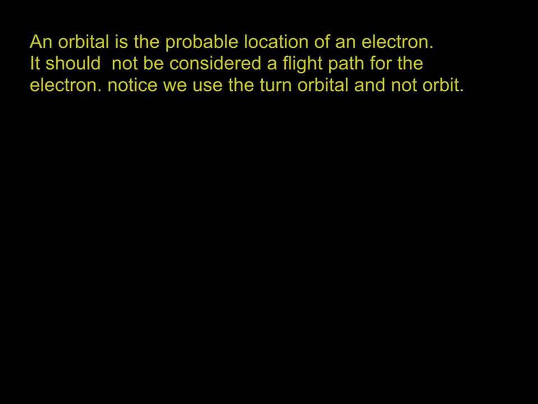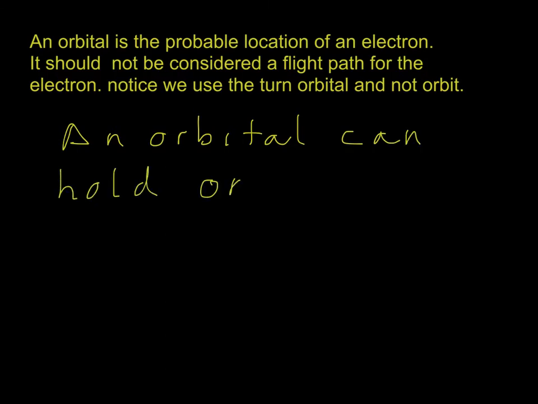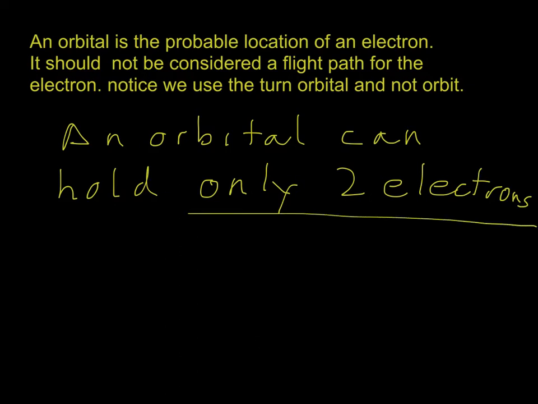So, an orbital can hold only 2 electrons. Just like the front seat of a sports car.